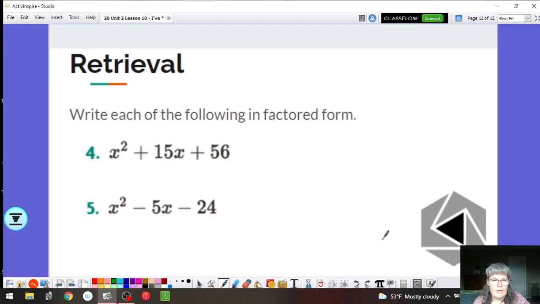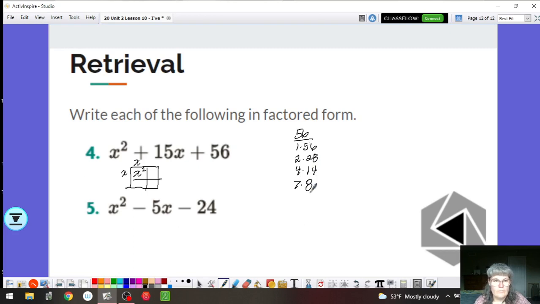And finally, we're writing each of these in factored form. So what's going to multiply to give us 56 that adds to give us 15? One times 56, 2 times 28, 4 times 14, and 7 times 8.